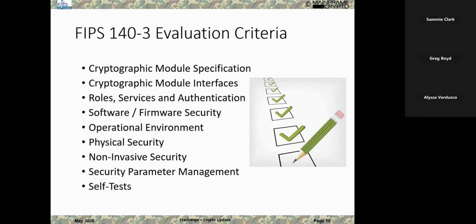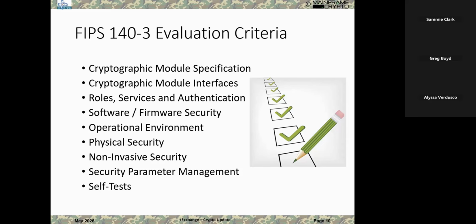Roles, services, and authentication. At the lower levels, you have to have a minimal authority to do something to the cryptographic module. At the higher levels, you have to not only have a role assigned to you, but then you have to authenticate, and that ID that you authenticate has to have that role assigned to you.